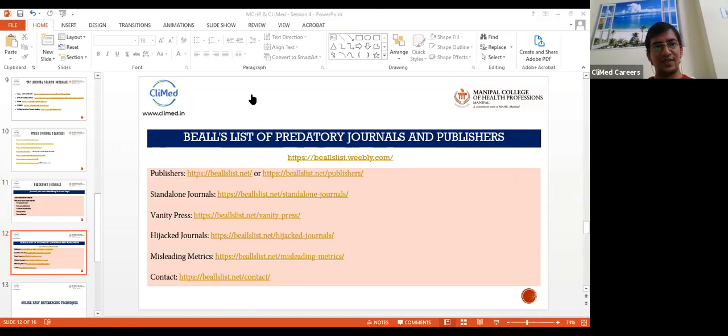Today I may take 15 minutes extra, but I think it is the last class, so you can bear it. So Beall's list, here you can see the journals, you can see the publishers. Guys, all these publishers are waste.